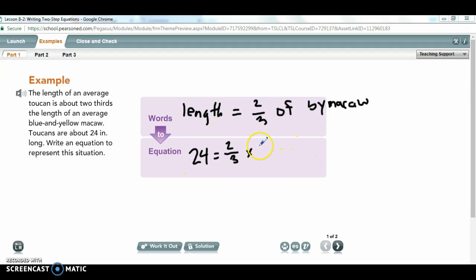So in this situation we can write B because we need a variable. This problem does not ask us to solve for our variable. All that it says is to write an equation to represent the situation. So this right here is our equation, and we are done with this problem.